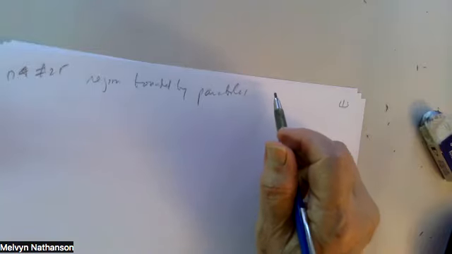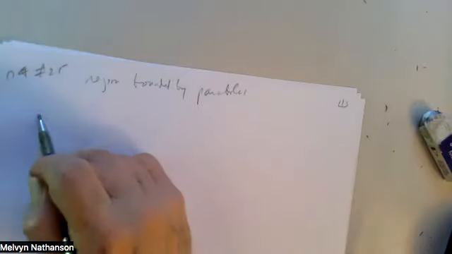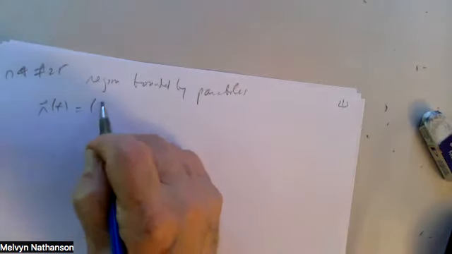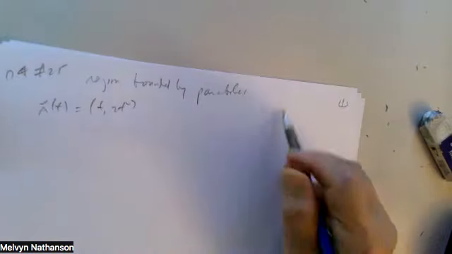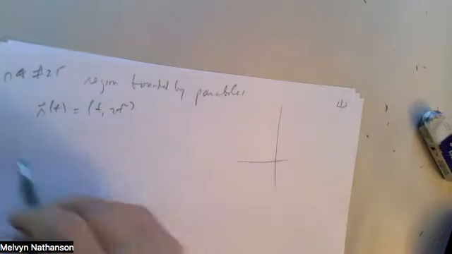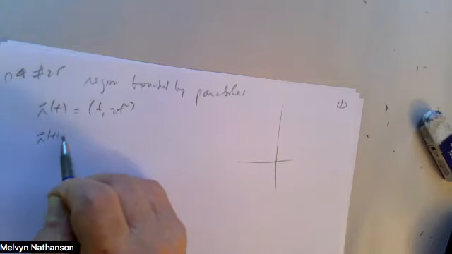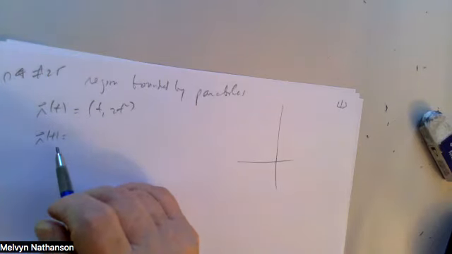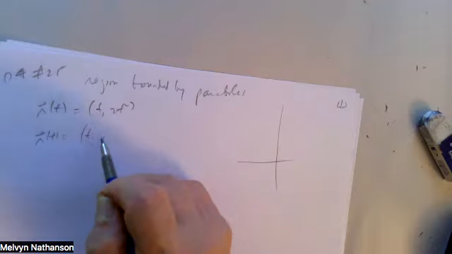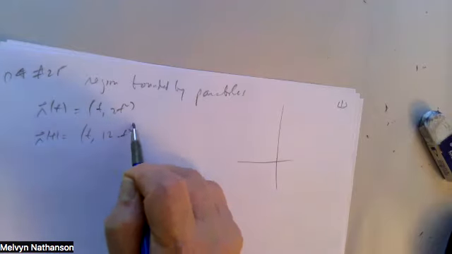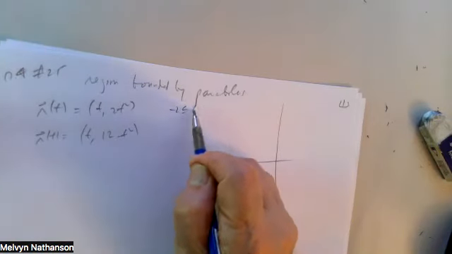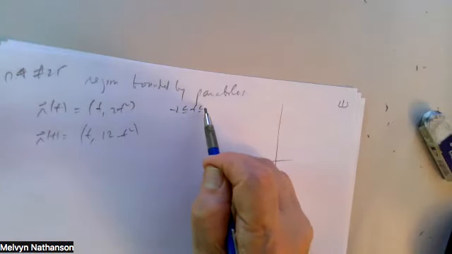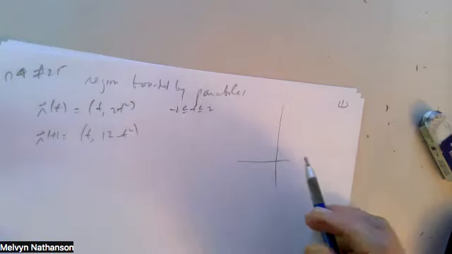bounded by two parabolas. So one of them is r of t is t, 2t squared. And the other is r of t equals t, 12 minus t squared, where t goes from minus 2 to 2.